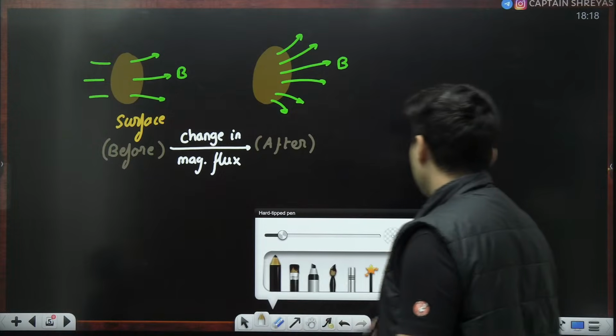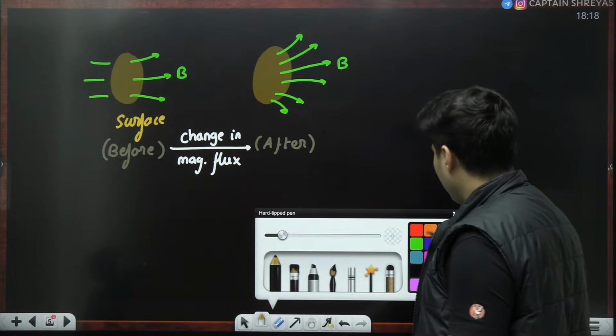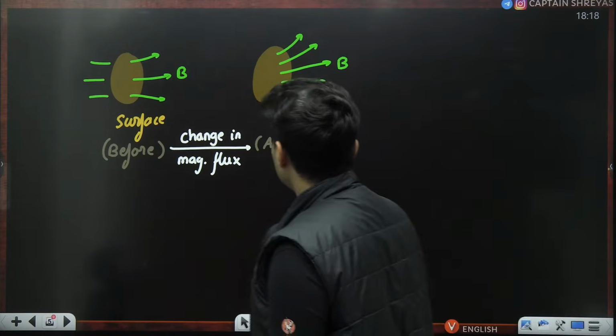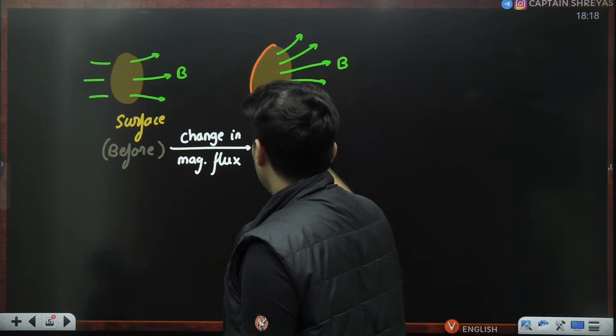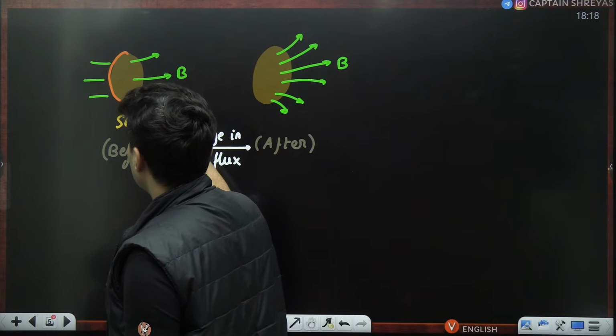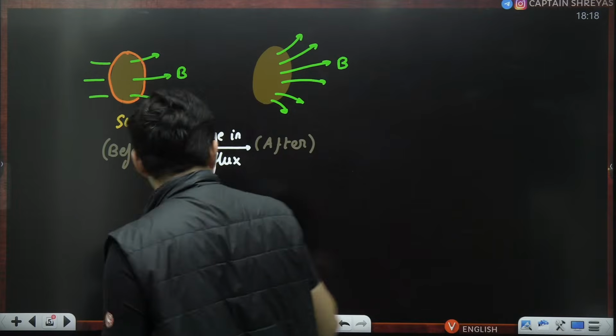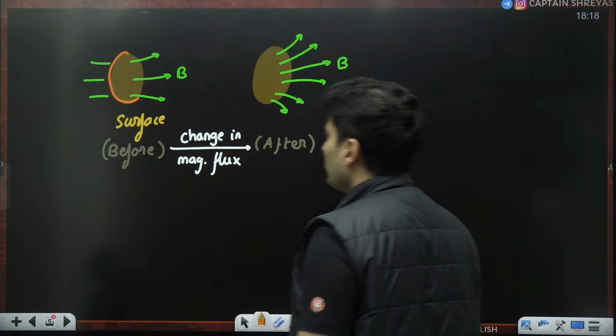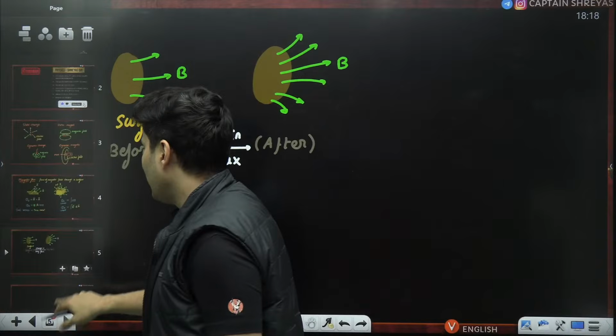The moment this happened, if you happen to keep a coil in that area, meaning a conducting wire like thing, okay, forget a conducting wire. Even if you don't have anything, it really doesn't matter.